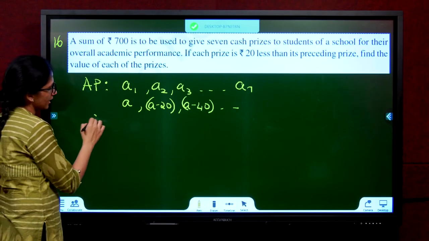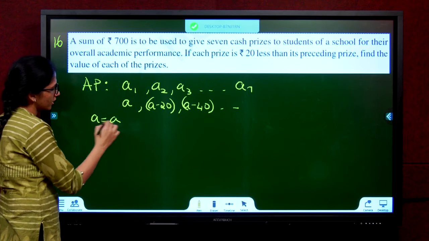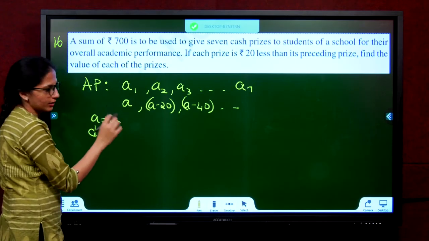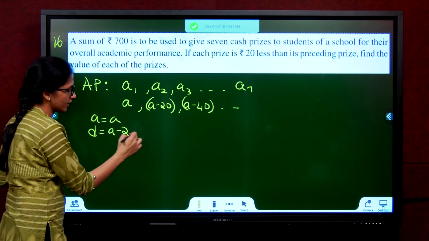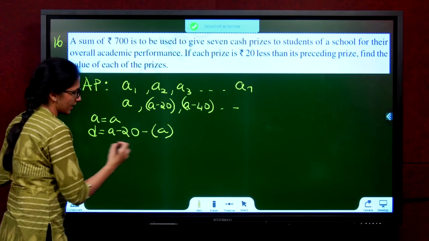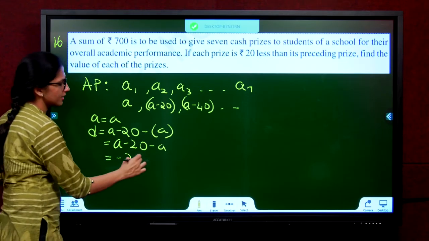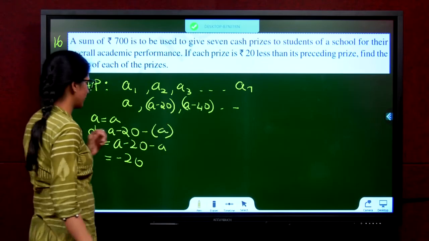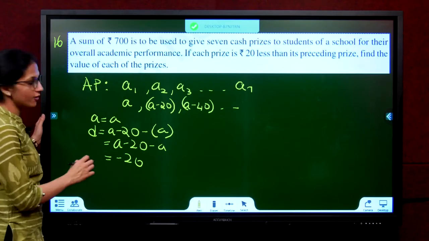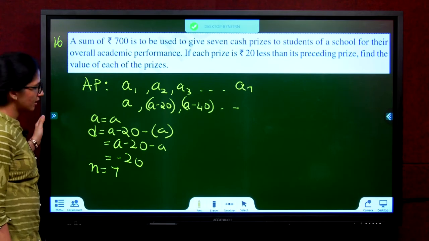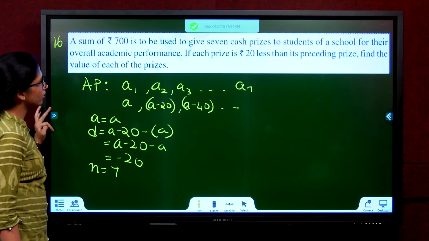So what is a? a is a itself. What is d? a minus 20 minus a, obviously minus 20, because you are only doing minus 20 and going. There are 7 prizes, n is 7. So you have a, you have d, you have n.